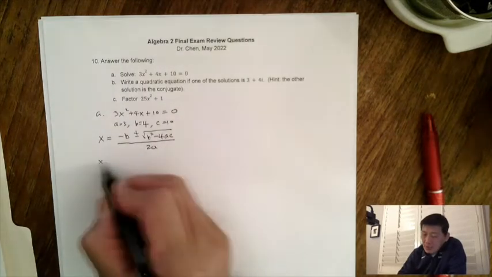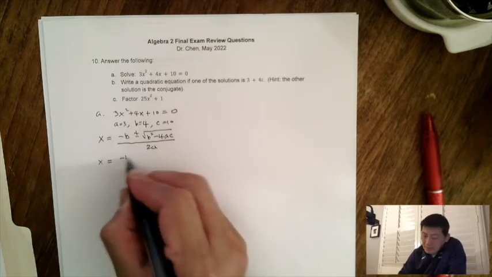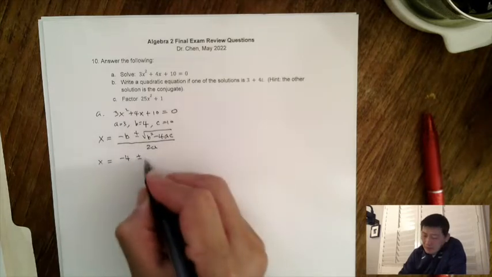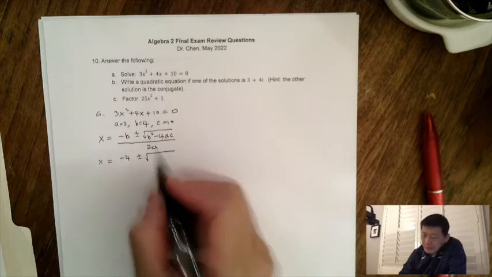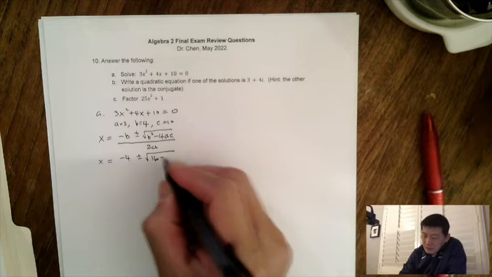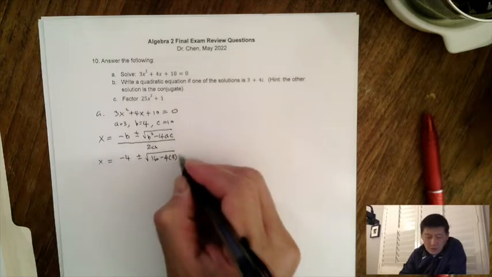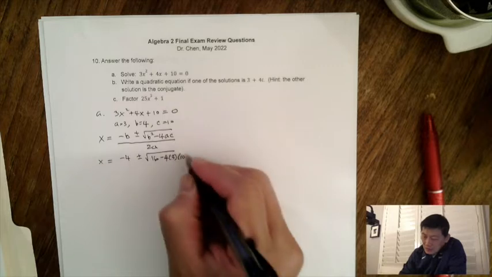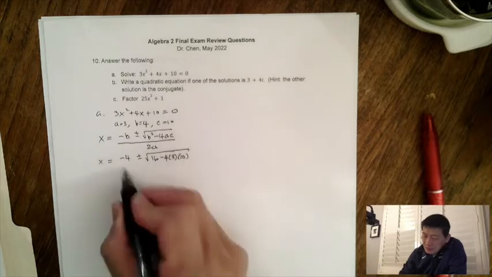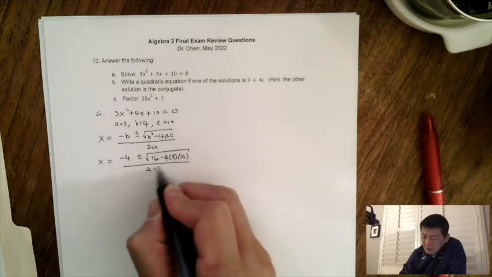Applying all these numbers back in there, we end up with negative 4 plus or minus the square root of 4 squared, which is 16, minus 4 times A, which is 3, times C, which is 10, divided by 2A, 2 times 3.